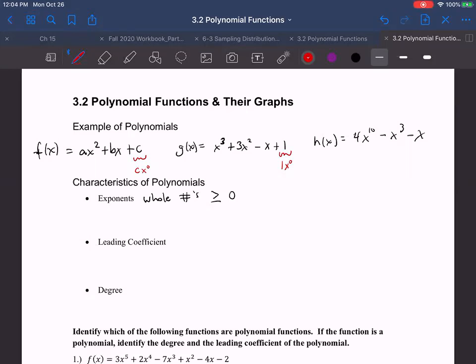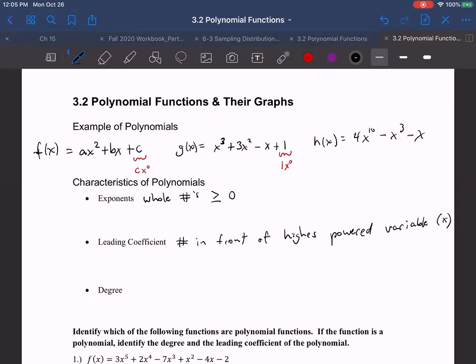The next thing you're interested in is the leading coefficient. This is essentially the number in front of the highest power of your variables, which in our case is usually x. But if you go into some other classes like physics, you might get a polynomial that has t as the variable instead of x.